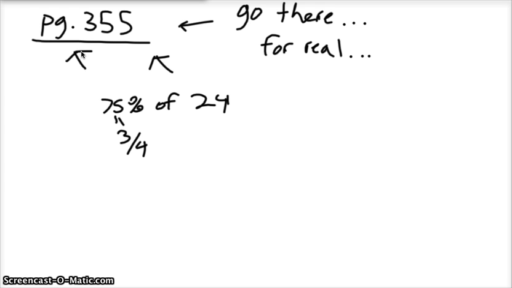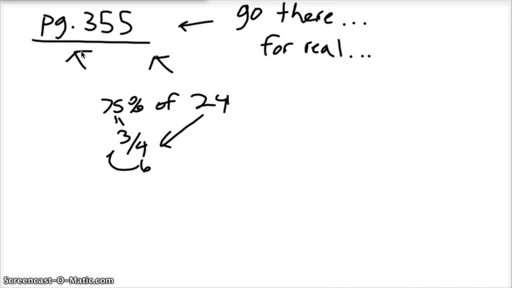Okay? So the next step is think about, we're trying to find 3/4 of 24. The way that I like to think of it is divide 24 by the denominator. So 24 divided by 4, we know that's 6. That would be if it were being divided by 4, but we're doing 3/4. So you divide it, you get 6.